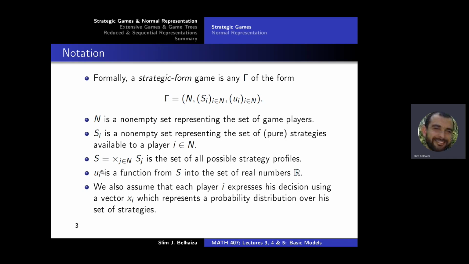So Ui here is the utility of player i, and could be defined as a function from S into the set of real numbers R. And we also assume that each player i expresses his decision using a vector xi, which represents a probability distribution over his set of strategies.